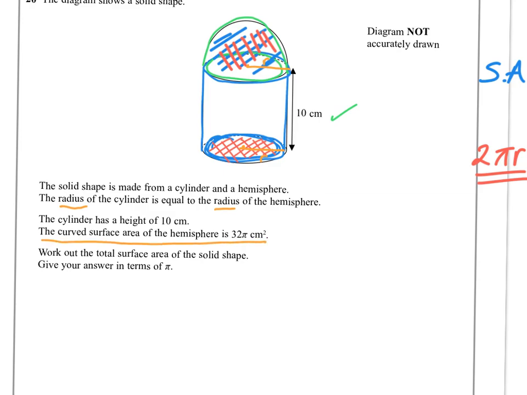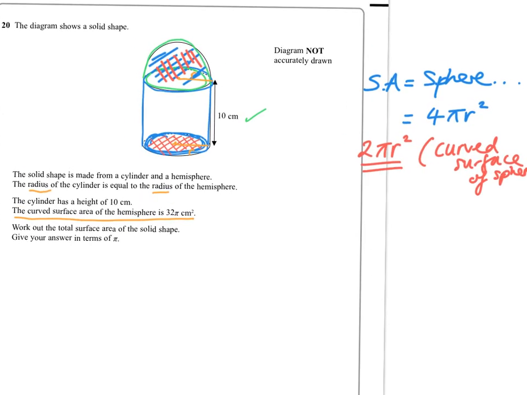Now, what we already had was, we have the curved surface area of the sphere was 2 pi r squared, and we're told that the area of the hemisphere was 32 pi.